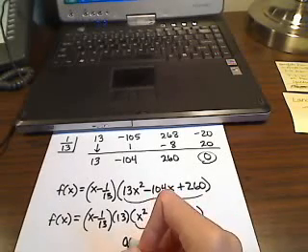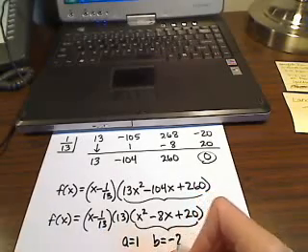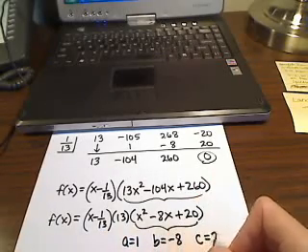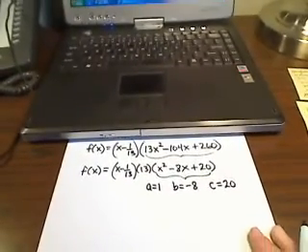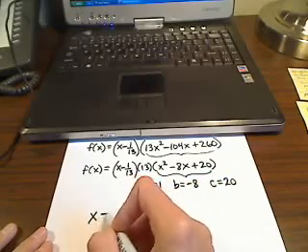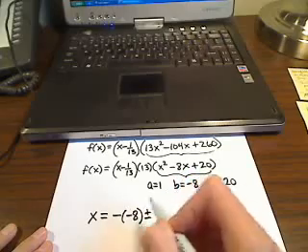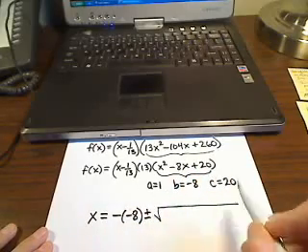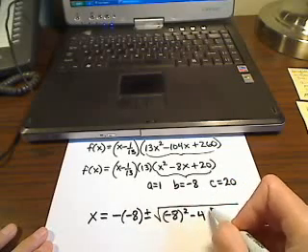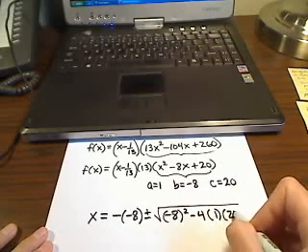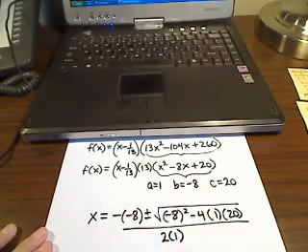The a is 1 here, a is the coefficient of our x squared, b is negative 8, and c is the positive 20. As I stick those into my quadratic formula, it's negative b, so the opposite of negative 8, plus or minus the square root of b squared, so negative 8 squared, minus 4 times a is 1, c is 20, all over 2a.